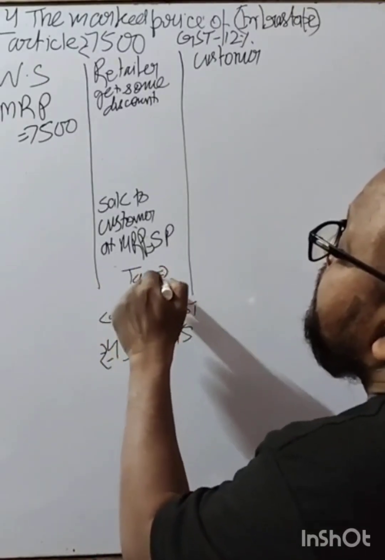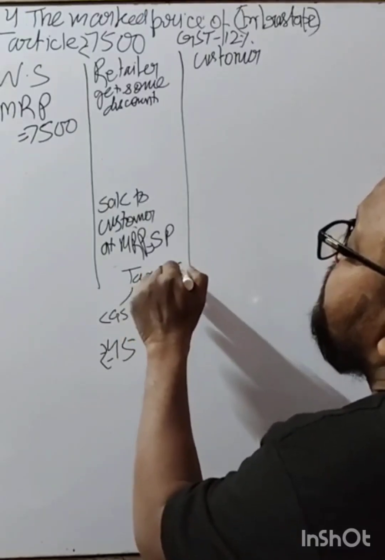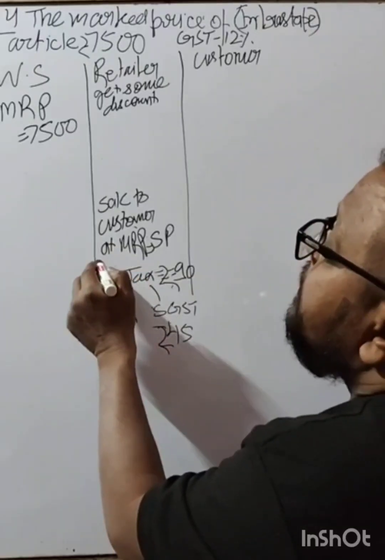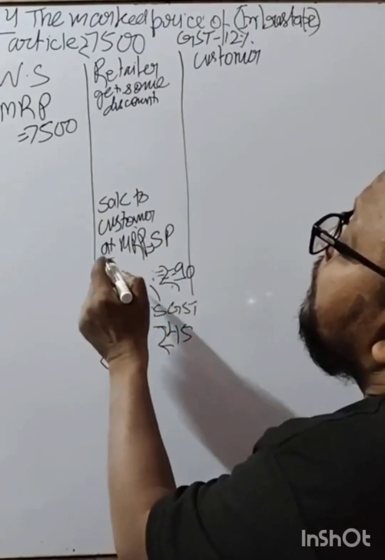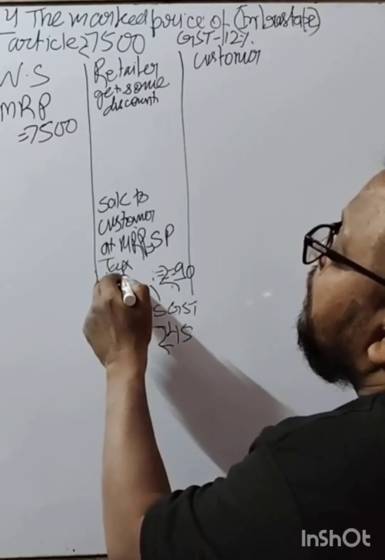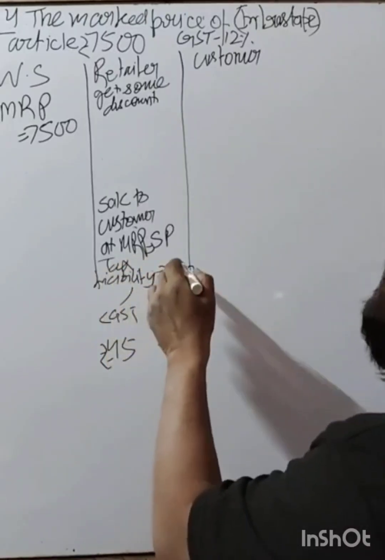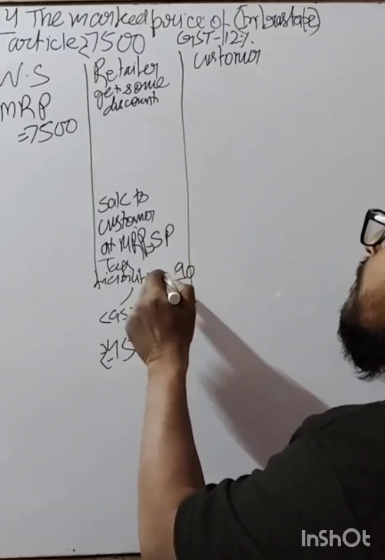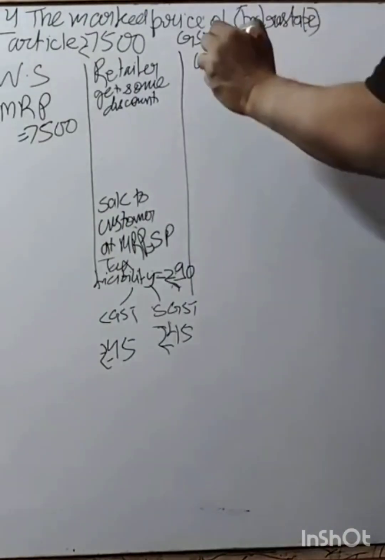So the total tax liability is 90 rupees. Tax liability is rupees 90, and the customer pays.